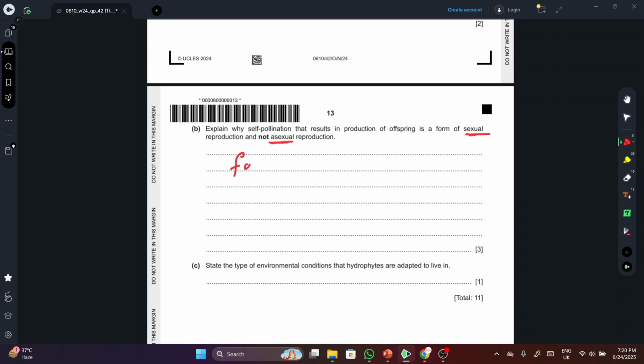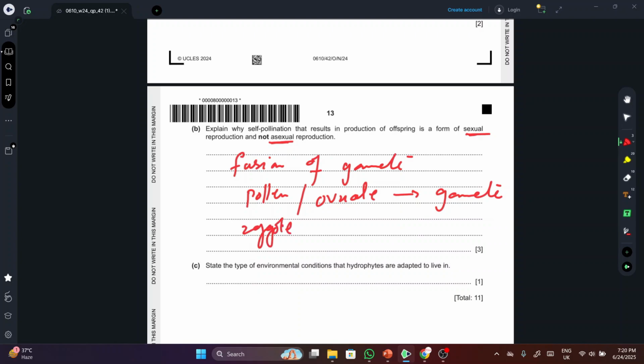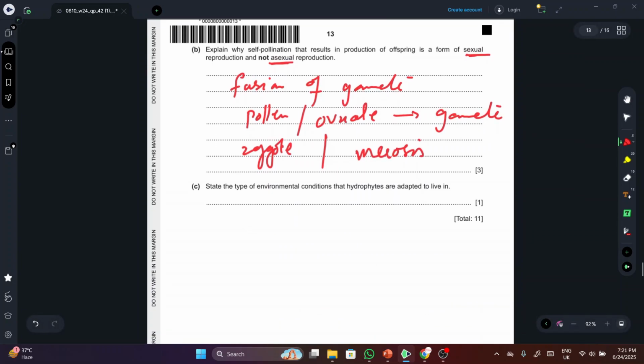Fusion of gametes occurs, because we can mention the pollen and the ovule, the gametes which fuse, the zygote formation, and this whole process occurs in sexual reproduction, where meiosis occurs. So this is all sexual reproduction, not asexual.